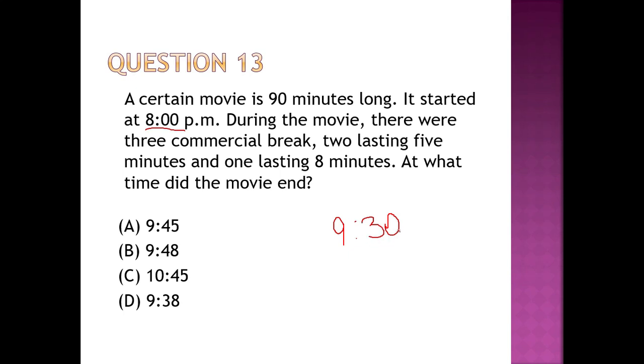So we're at 9:30 naturally. 2 commercial breaks lasted 5 minutes each, so that would take us to 9:40, because this would be plus 10 minutes. So we're at 9:40, and 1 lasted for 8 minutes, so we'll add 8 minutes.